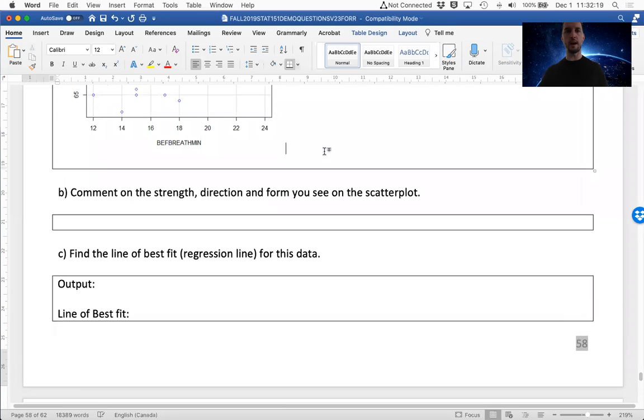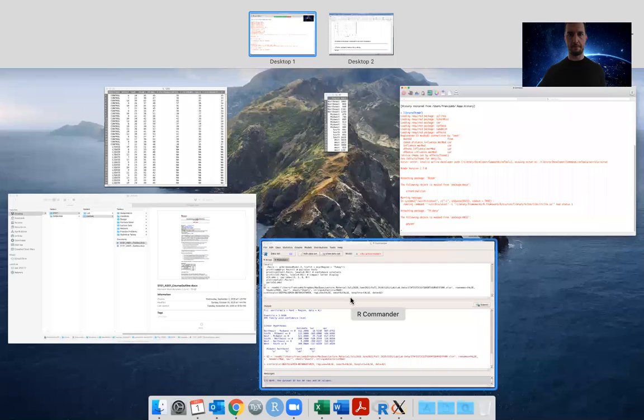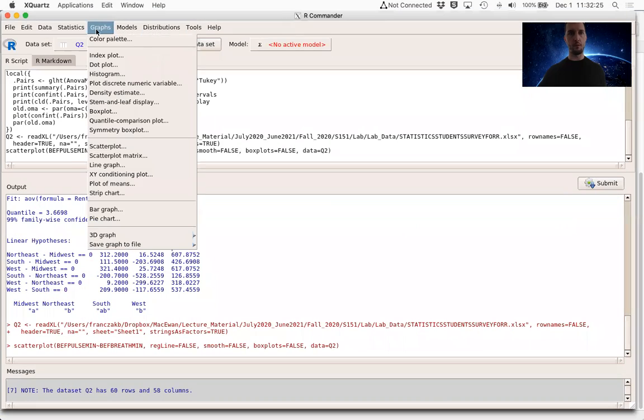So again, to do scatter plots, we go graphs, scatter plot, and then you just need to place the correct variable on the correct axis. One of the nice things is if you flip the variables by accident when building scatter plots, you'll still get the right relationship. It'll basically be a mirror image of what you saw, but it'll still tell you the right trend. So you have a little bit of a safety net there.